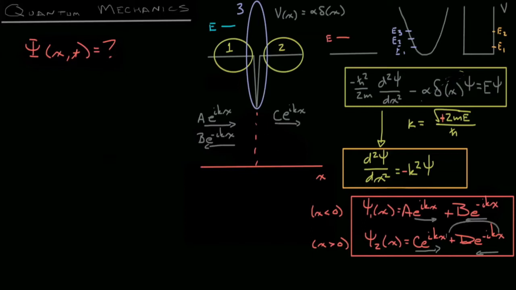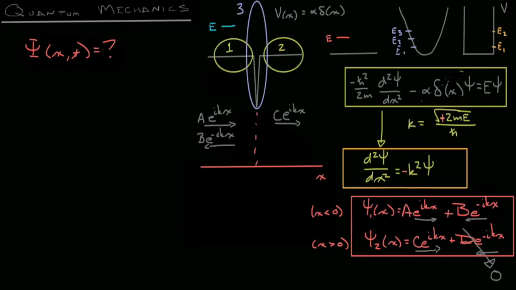And finally, a D e to the negative ikx, which would be a traveling wave coming from the far right into this system, which doesn't really make sense from an intuitive perspective, because there's no reason to think that a wave's coming in from somewhere to become part of this system. That tells us that this D value needs to be 0.